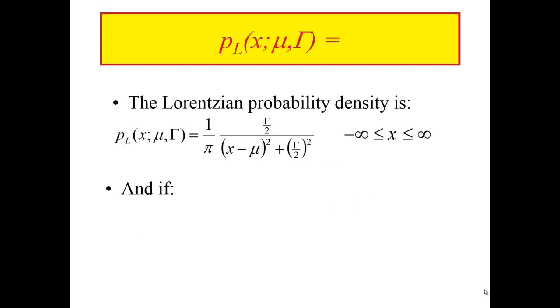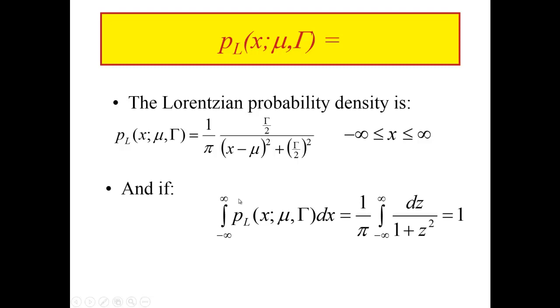It's got a specific value here that depends on this parameter gamma, where gamma over 2 represents the half width of this distribution. Gamma itself, as we'll see on the plot, represents the full width at half maximum value. So the probability of getting a result x relative to the mean of mu, where the distribution has this characteristic full width at half maximum gamma, is given by this function here.